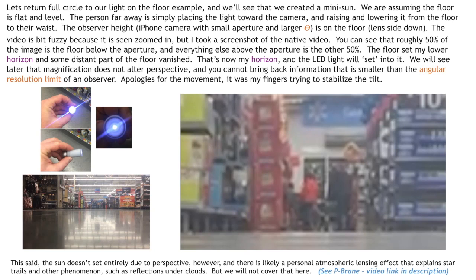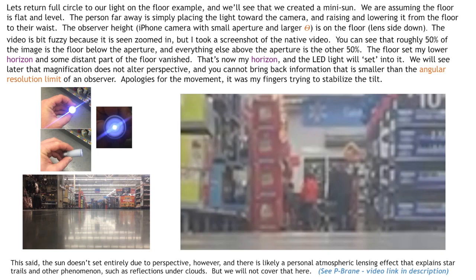The video is a bit fuzzy because it is seen zoomed in, but I took a screenshot of the native video, and you can see that roughly 50% of the image is the floor below the aperture, and everything else above the aperture is the other 50%. It's just slightly tilted in that example. But you can see how the bottom is the floor and the top is everything else.